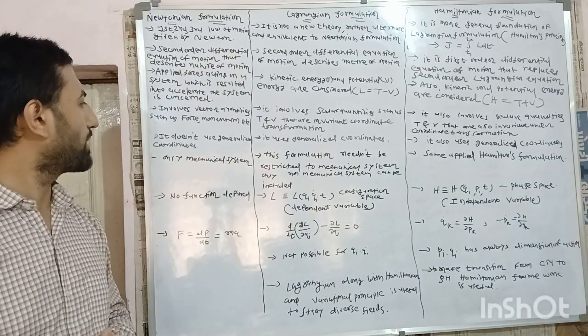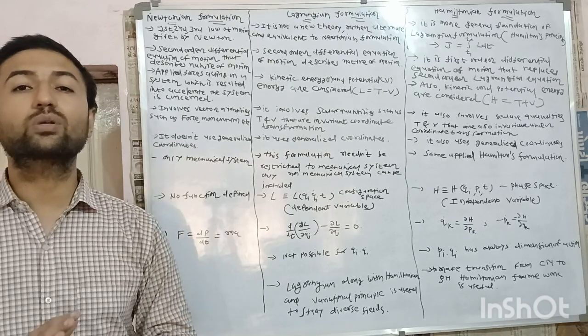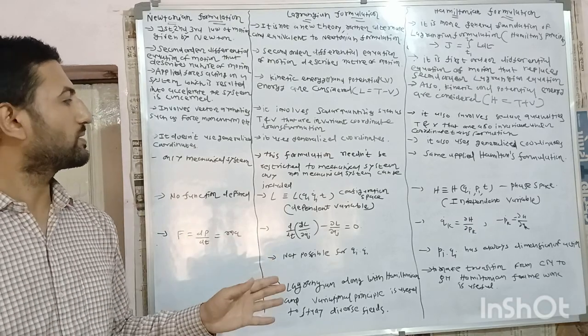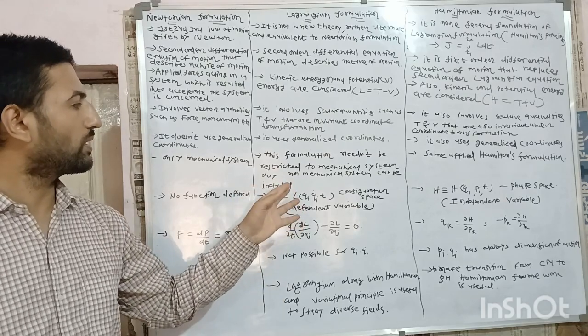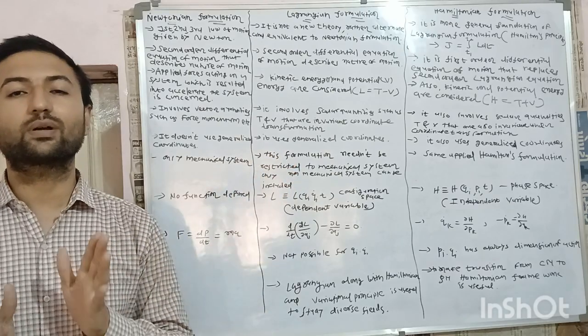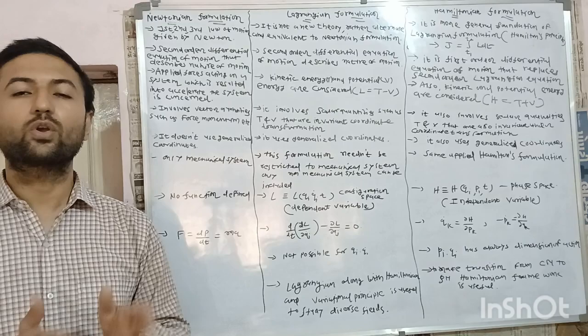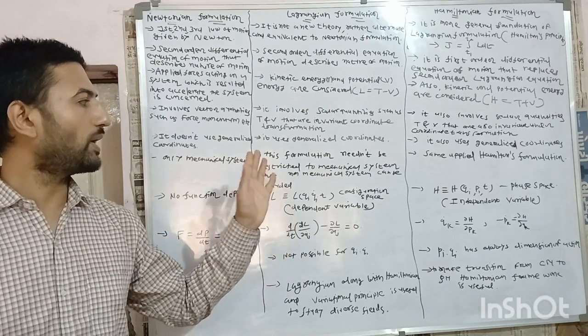The next point of discrepancy is that in Newtonian formulation no scalar function is defined, while in Lagrangian formulation the scalar function L = L(qi, q̇i, t) is defined on configuration space. It means Lagrangian is a function of position qi, velocity q̇i and time t.